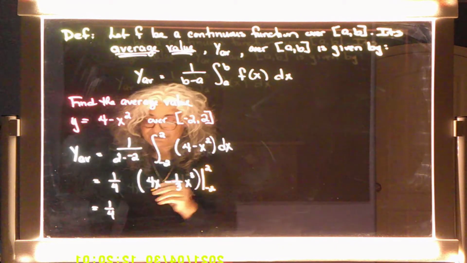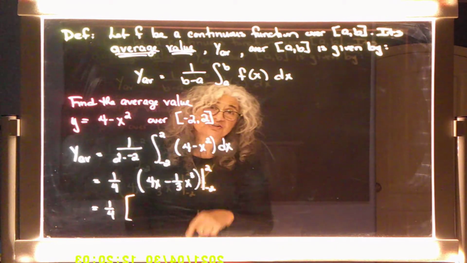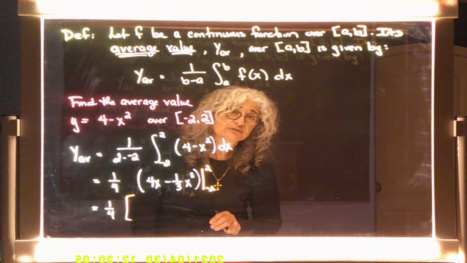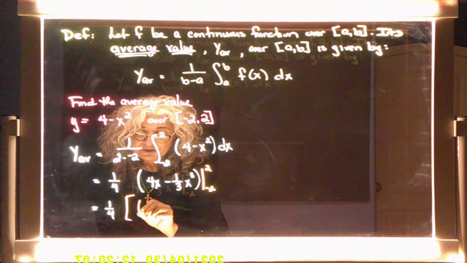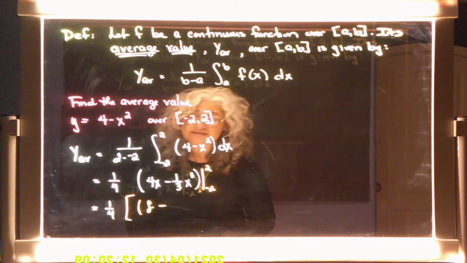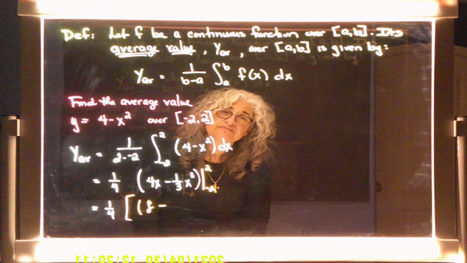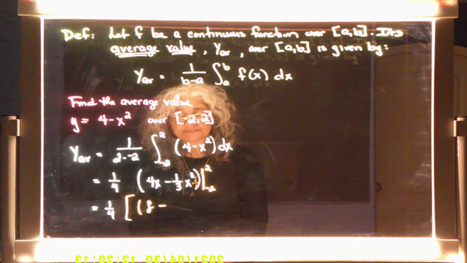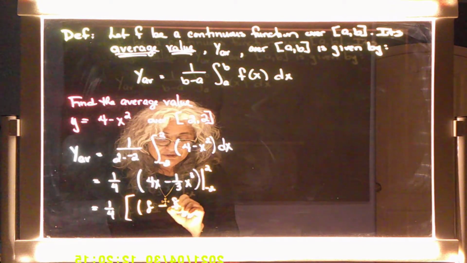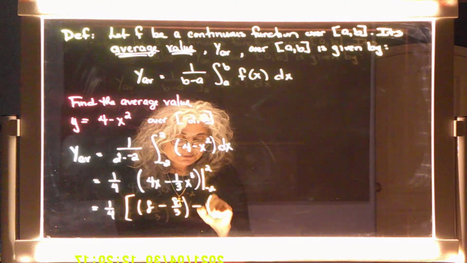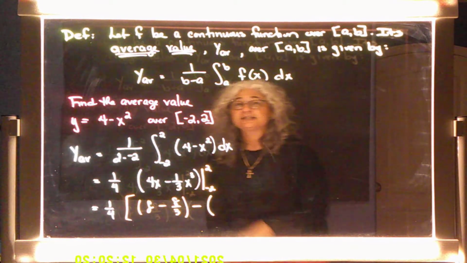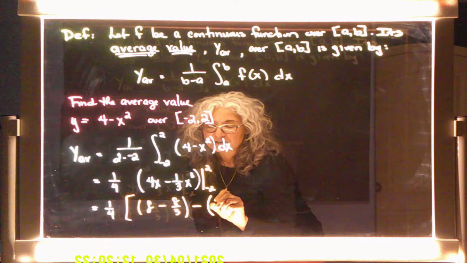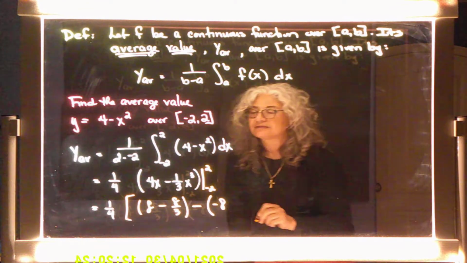And now I need to figure out this evaluation. So you plug in the 2 first, agreed? So what is that? 8 minus, what's 2 to the third? 8 times 1/3. Good, so minus 8/3. And I'm going to subtract from it what we get when we plug in the -2. Good, first number is a -8.